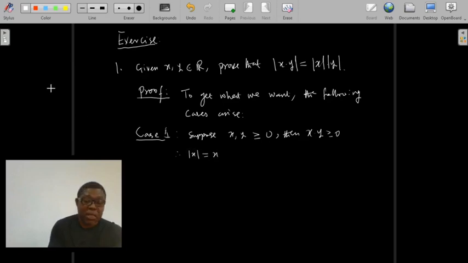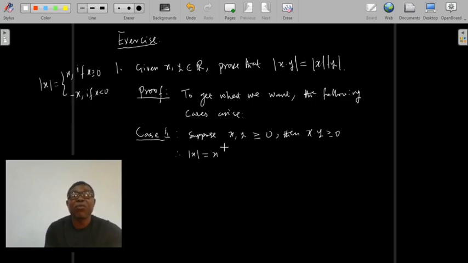Let us recall that the absolute value of x is equal to x if x is greater or equal to 0, and minus x if x is less than 0.